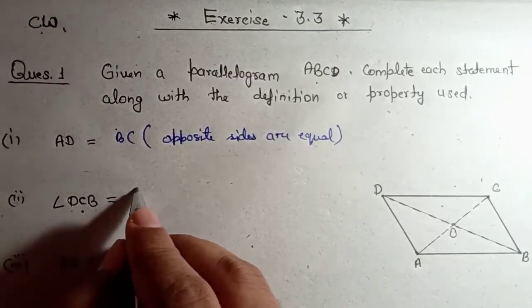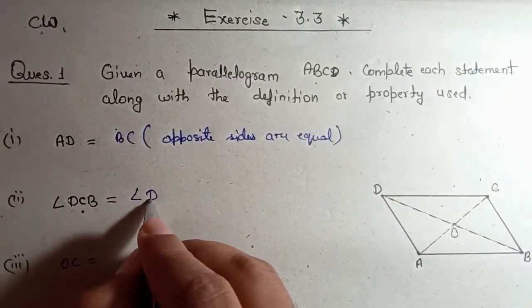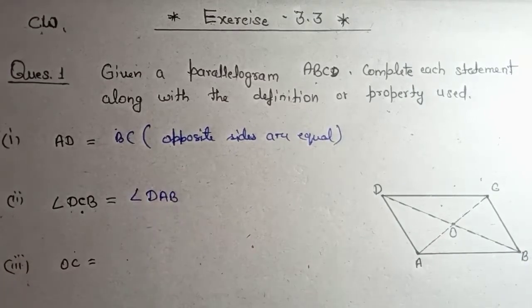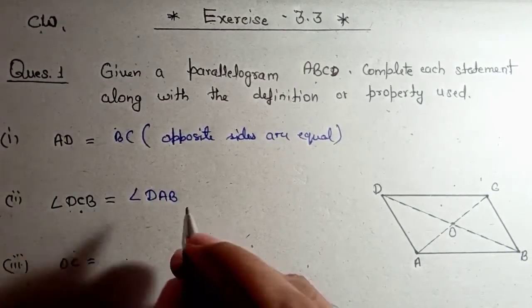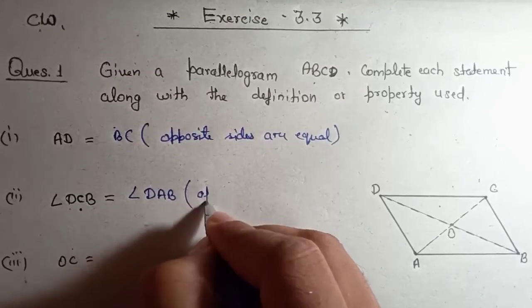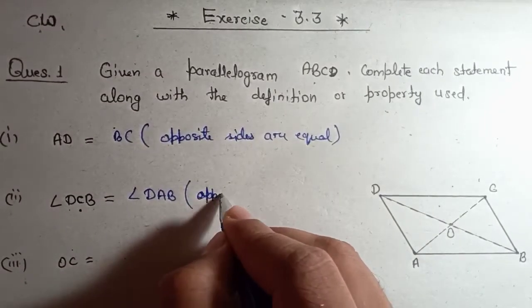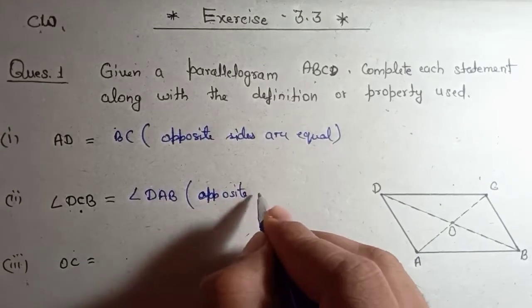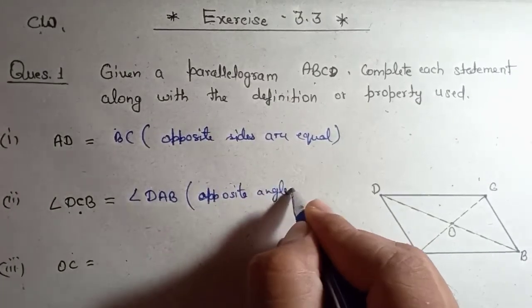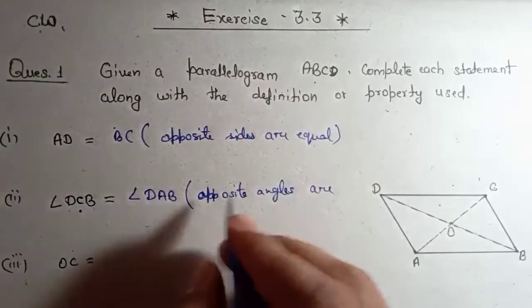So you can write angle DAB. Why? Because opposite angles are equal.